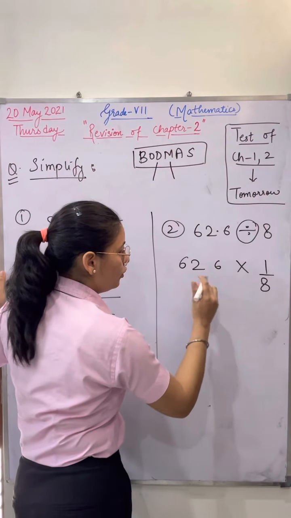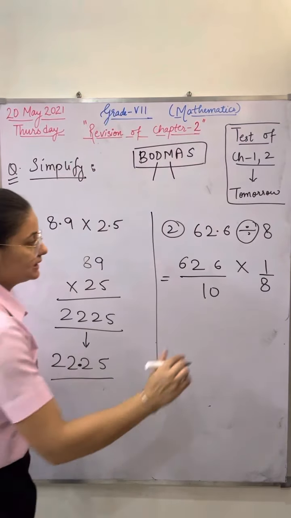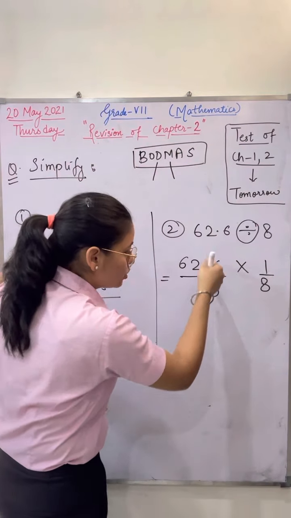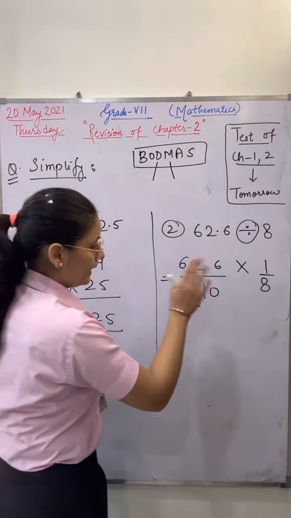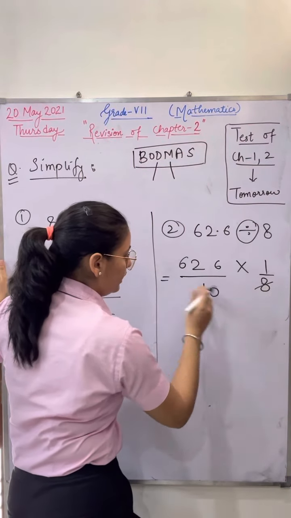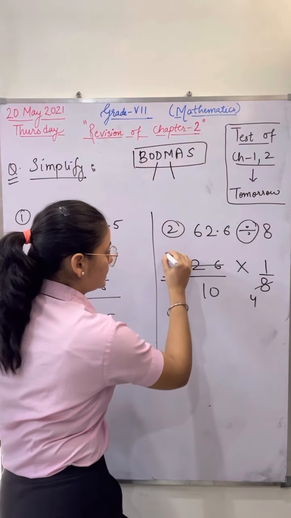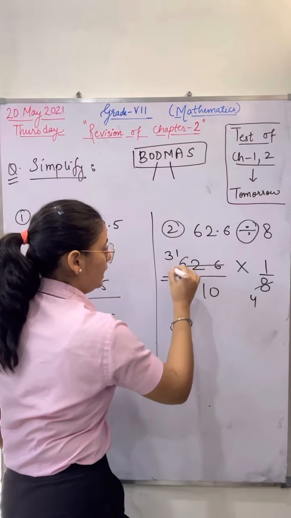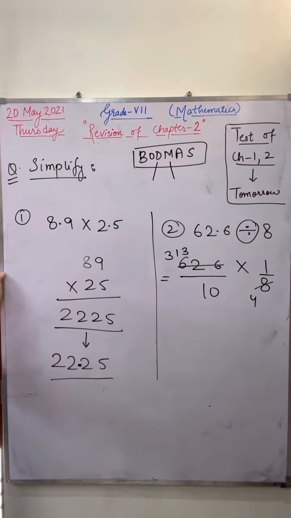The decimal I am going to remove and I'll put 10 here, in the denominator, because the decimal was there before 1 digit. Now you can cancel. Okay, 8 on the 8 table can be cancelled. 2 4s are 8, 2 3s are 6, 2 1s are 2, and 2 3s are 6. Okay, now on which table can we cancel this? Can we cancel any table?